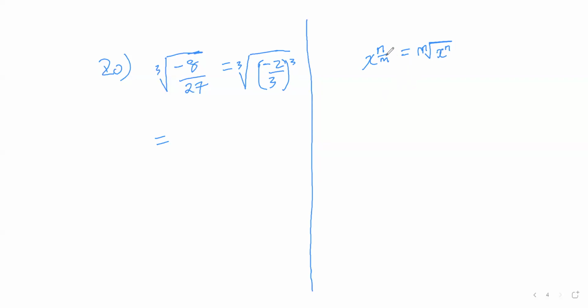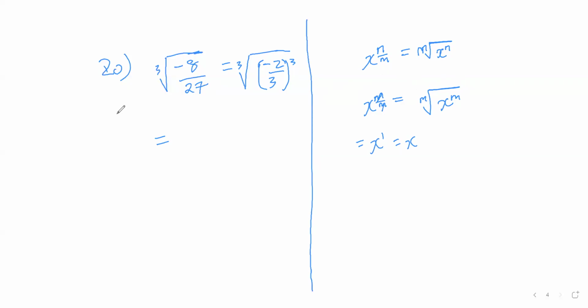So much so that if my n is the same as m, it becomes x to the m over m, which is the mth root of x to the m. So the m and the m cancel each other, and this just boils down to x to the 1, which is just x. This is how the cancellation process takes place, basically.